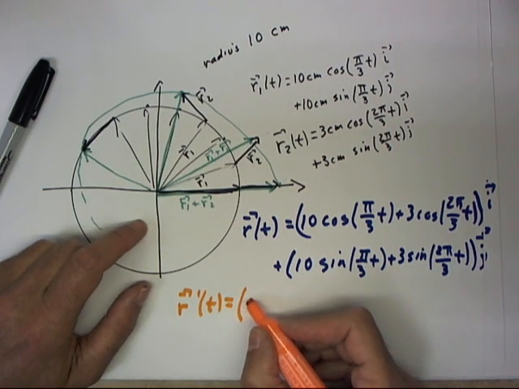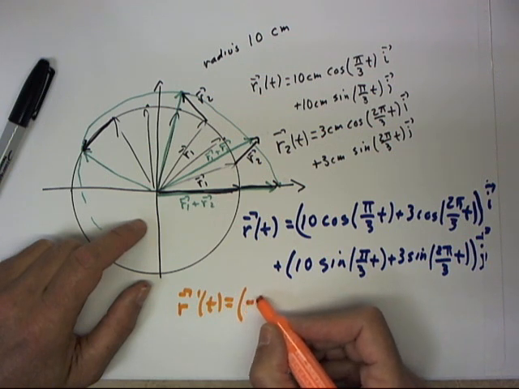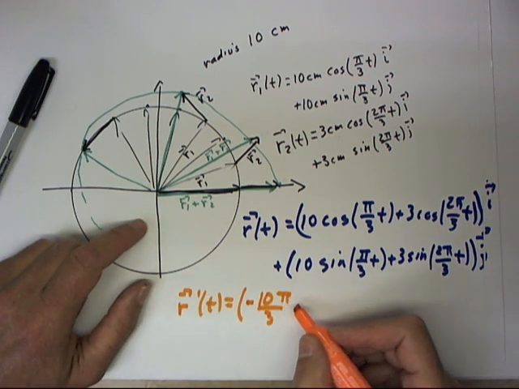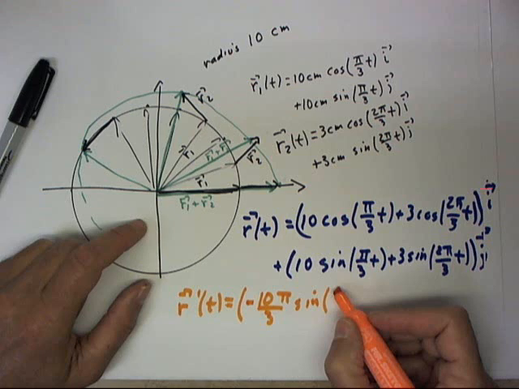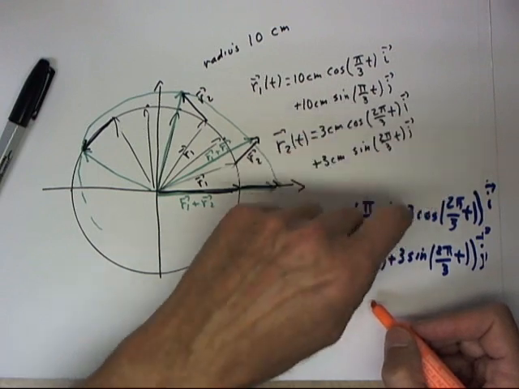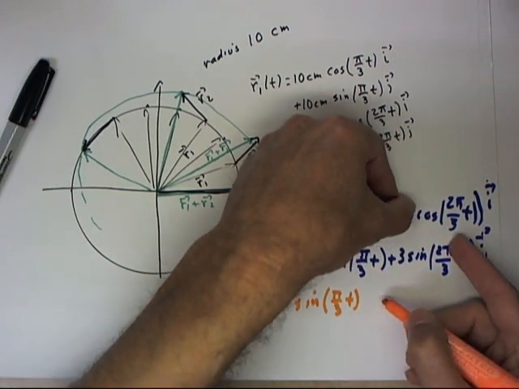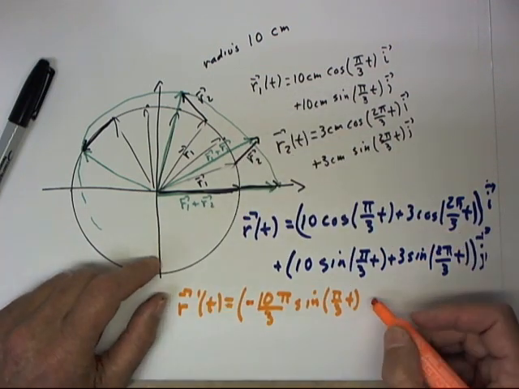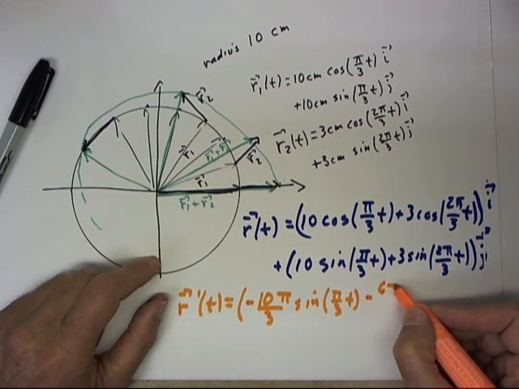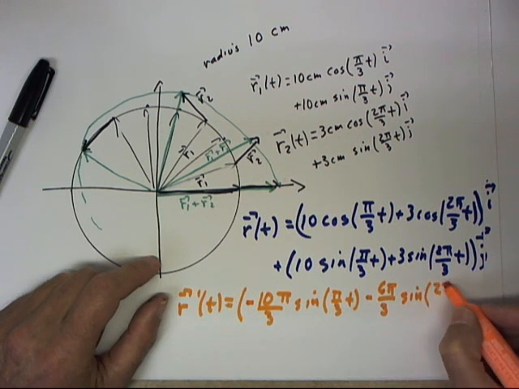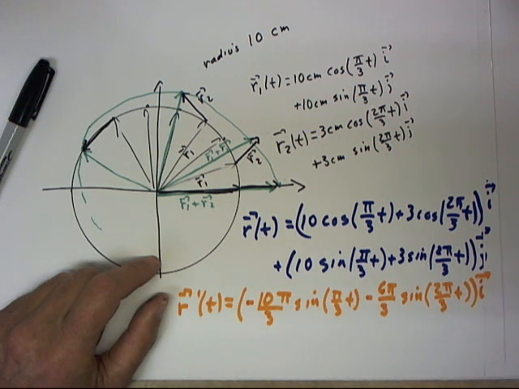So we're going to end up with negative 10 pi over 3 times the sine of pi over 3t. And the derivative of cosine of 2 pi over 3t is 2 pi over 3 times the negative of the sine of 2 pi over 3t, and that's going to give us negative 6 pi over 3 times the sine of 2 pi over 3t, and that's times our I vector.